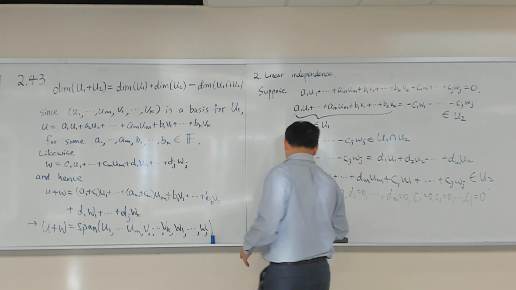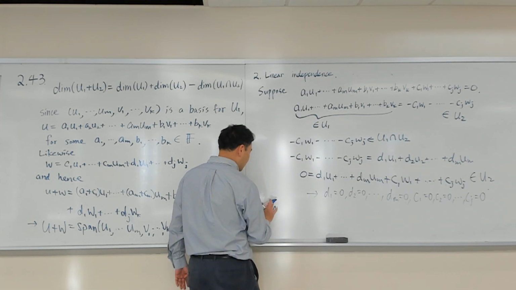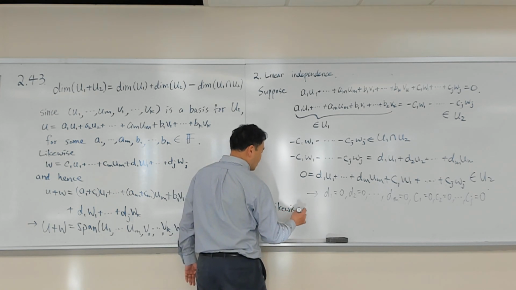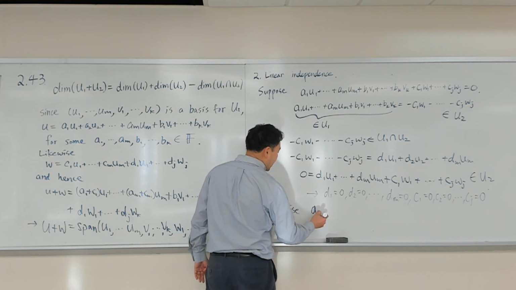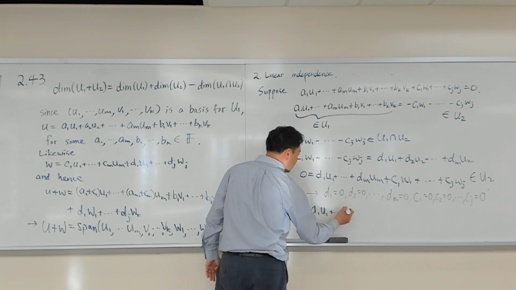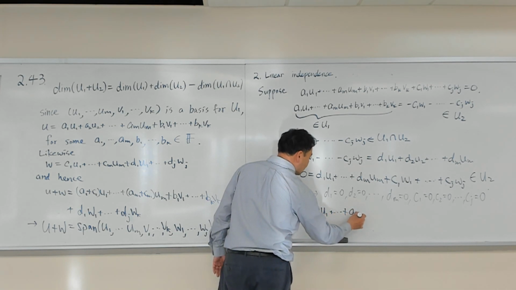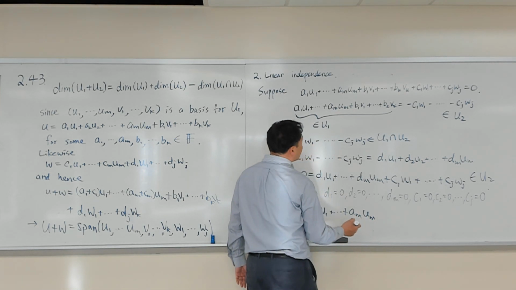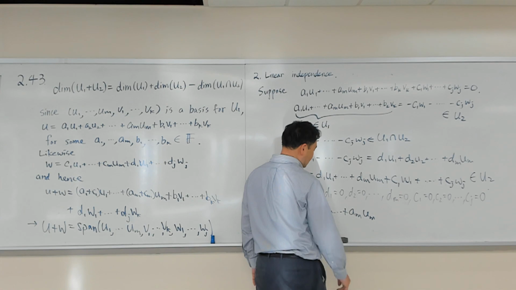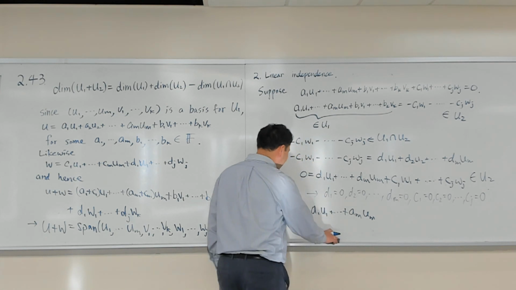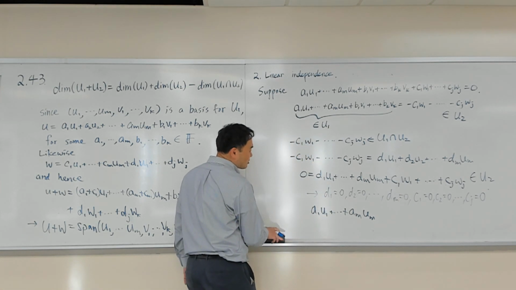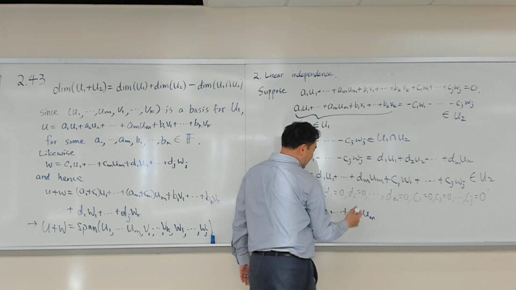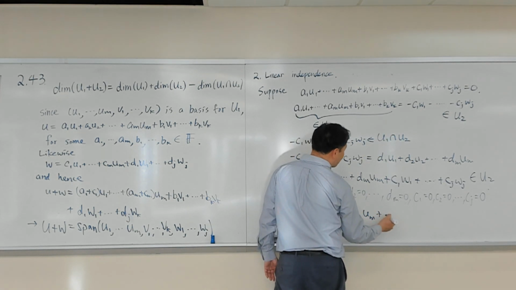So likewise, we can say a1 u1 through am um. Well, I guess we don't have to do that. Plug in these to the other side, then what do you get?